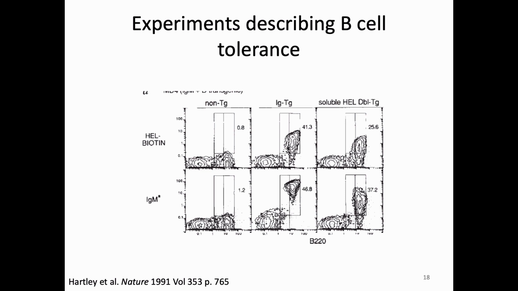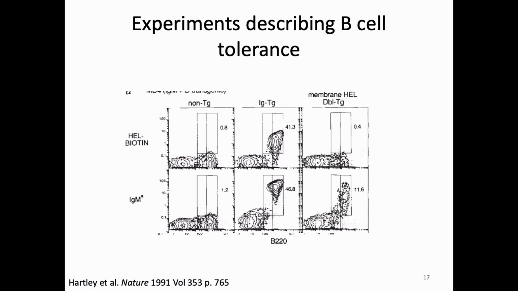So this was deletion. Now, if we do receptor editing, we get some B cells, and those B cells don't bind to HEL. That's what we saw in the previous experiment. Ta-da!